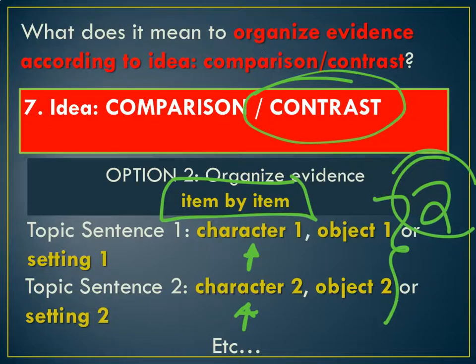That's not true. You can write a convincing argument with 2 body paragraphs only. That is possible. And in the end, it really all depends on what your ideas are, what examples you found, and how you're going to organize those examples, because writing is a very organic process.